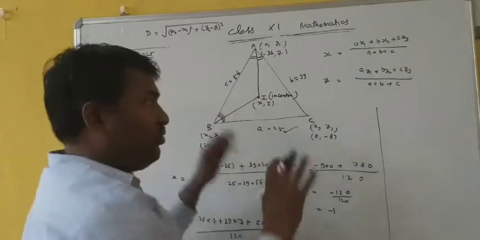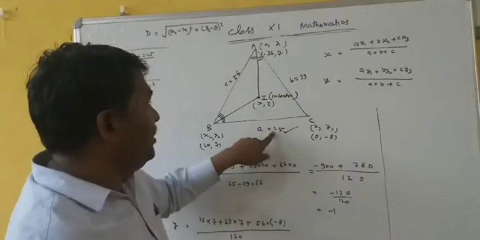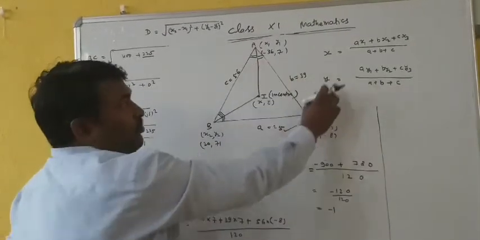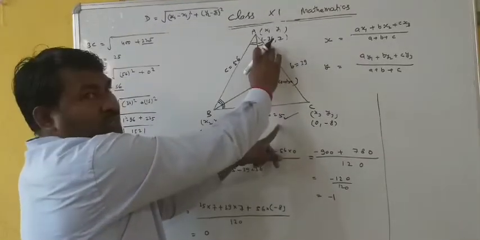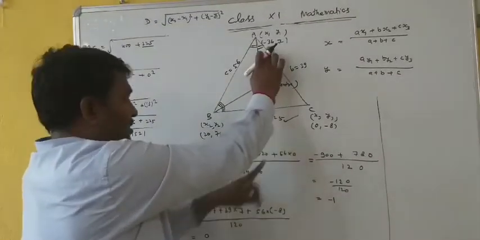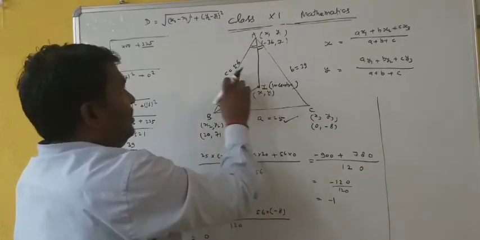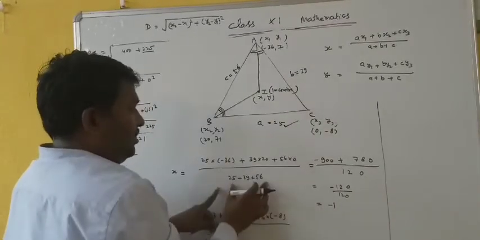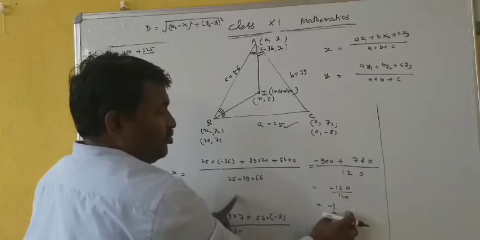Sides are known, vertices are known, so by using this formula, ax1 means the side multiplied with the coordinate. If you have to find the x coordinate, then this side will multiply with the x coordinate. 25 into minus 36, 39 into 20, 56 into 0, upon a plus b plus c, which is 120. So minus 120 upon 120 gives minus 1.